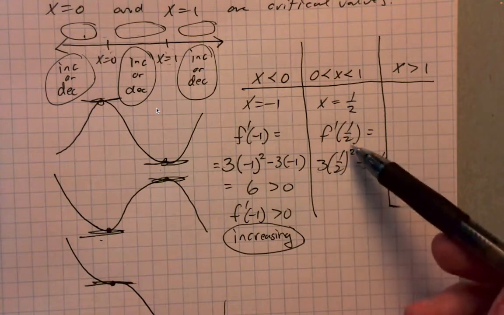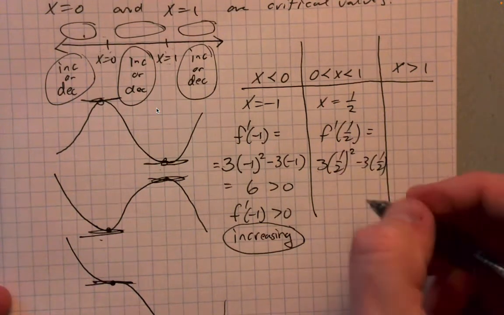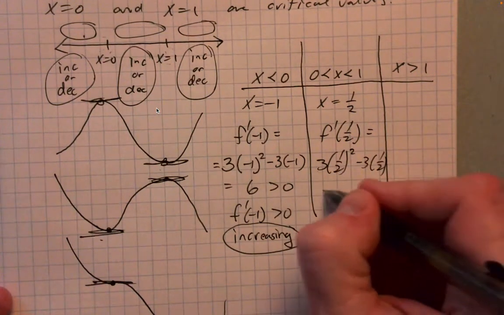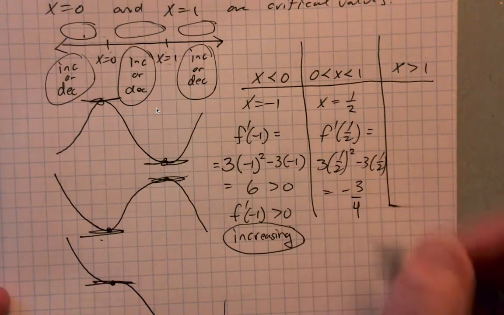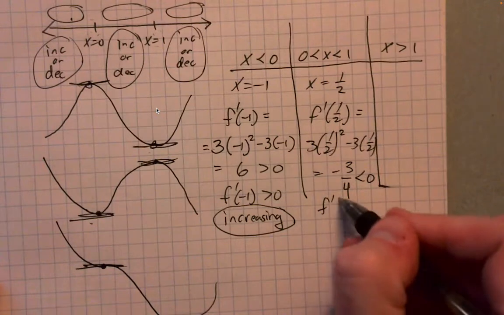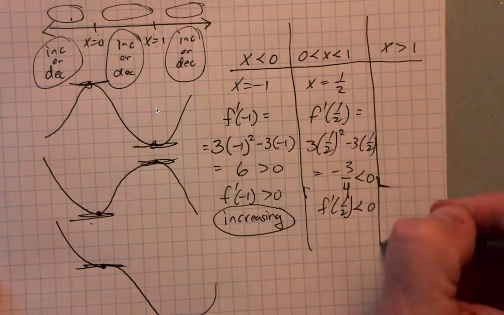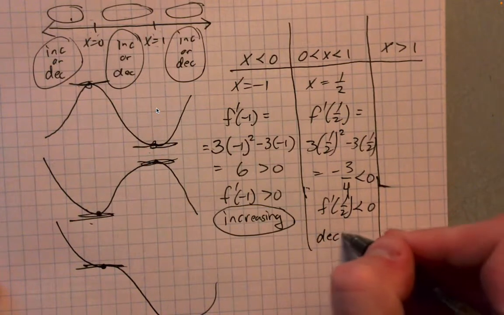Let's see, hold on. I think you get -3/4 here, don't you? Yep. So -3/4, so that's less than 0. So the derivative, f prime of 1/2, is less than 0 here, and so that means it's decreasing, doesn't it?